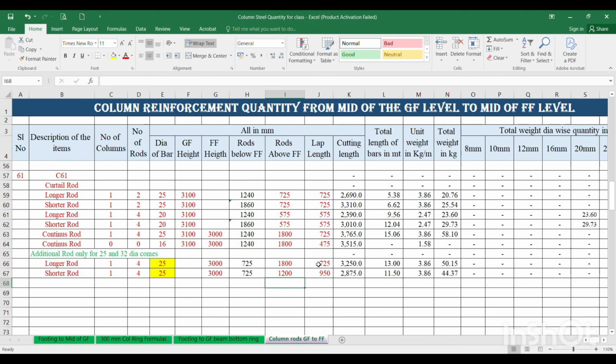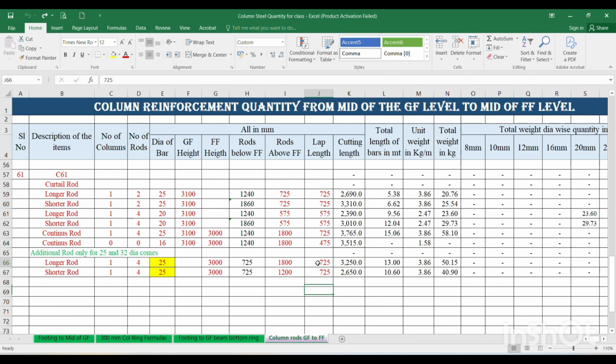Okay, then what is the lap length for the 25 dia rod? There is no lap length for the 25 dia. Lap length is 0. With this, we have completed the column reinforcement for the C61.